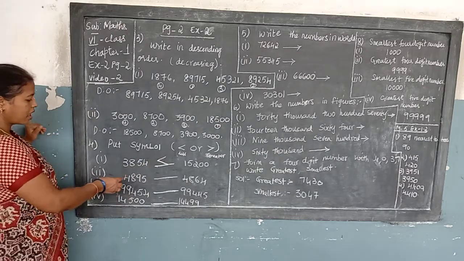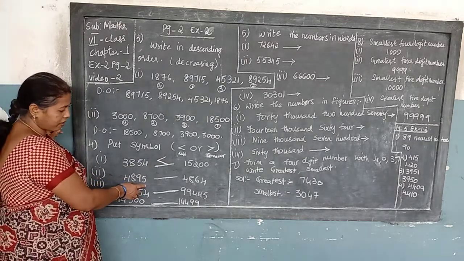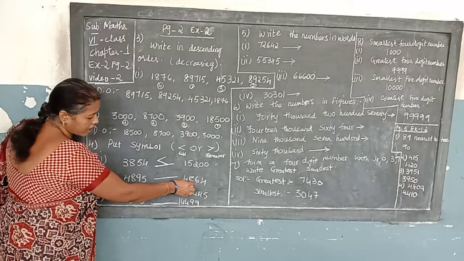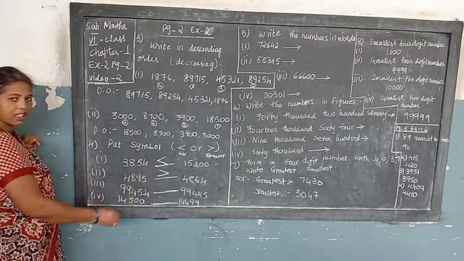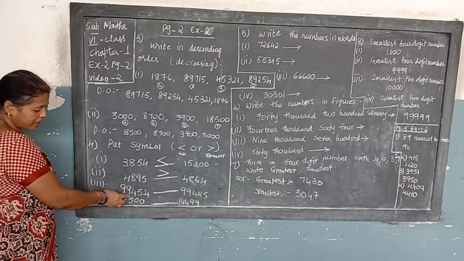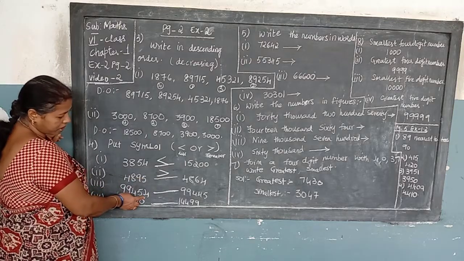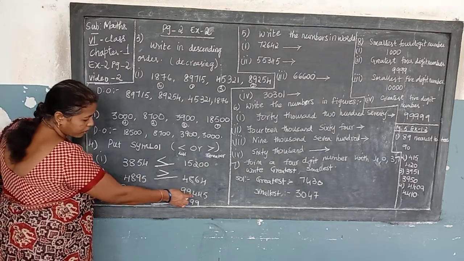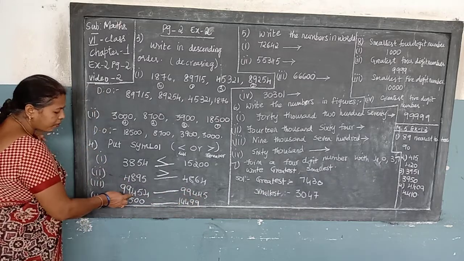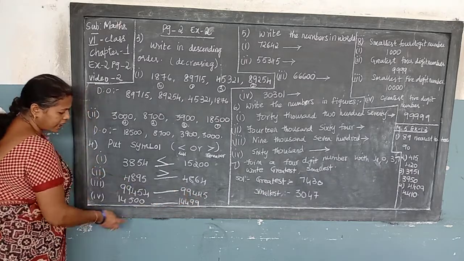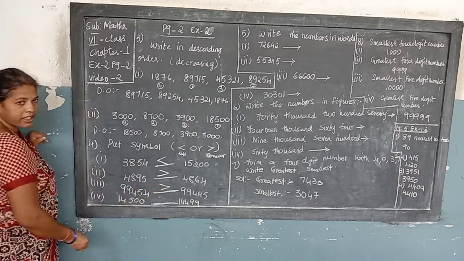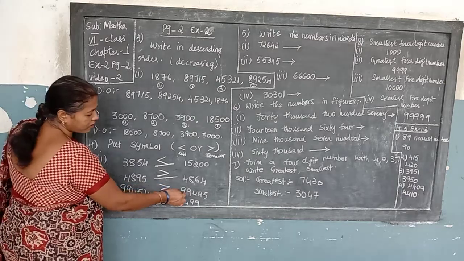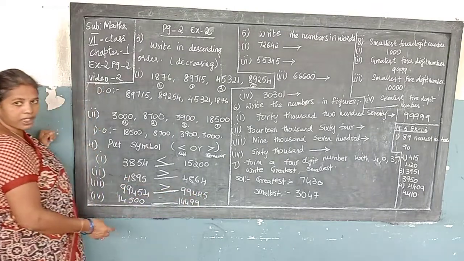Now next, 4,895 and 4,864. 4,895 is greater, no, children? Next, 99,454 and 99,445. This is bigger. 99,454 is greater than 99,445.